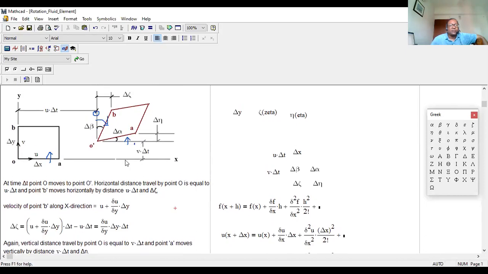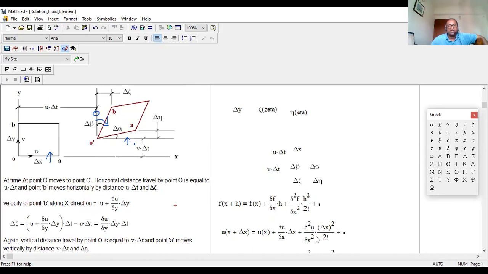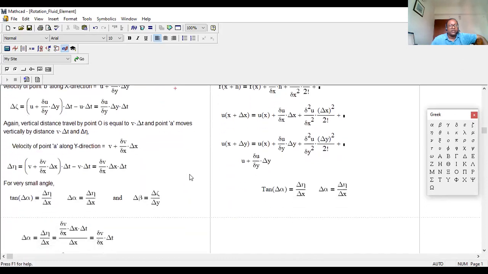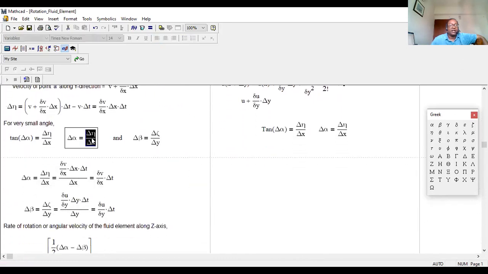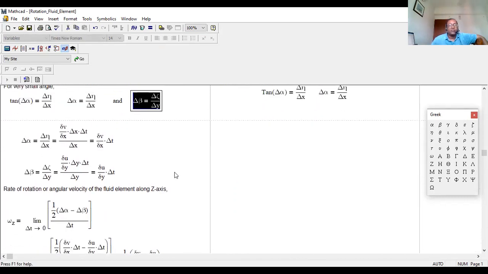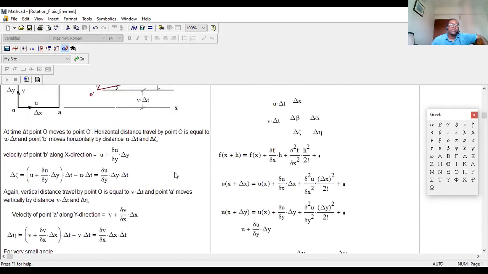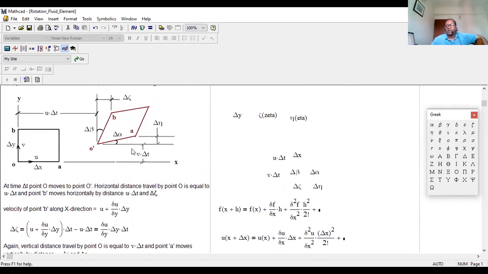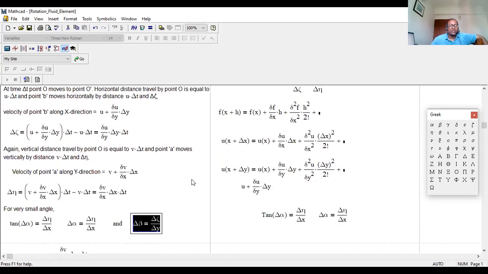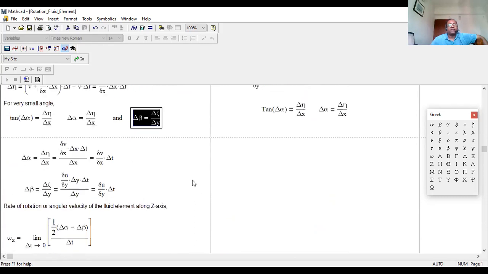How can we figure out the rotation? You need to figure out the angles alpha and beta, and we already did that in the previous derivation right over here. But what is our angular rotation? If line OA rotates anti-clockwise, its rotation is positive, and line OB rotates clockwise, so its rotation is negative. And along which axis does this rotation happen?